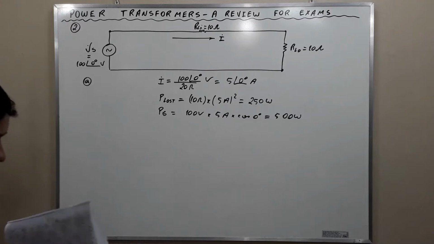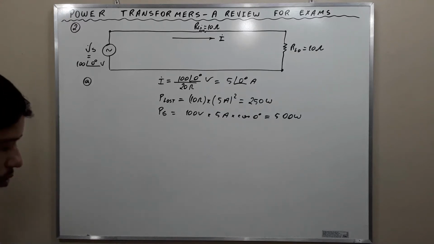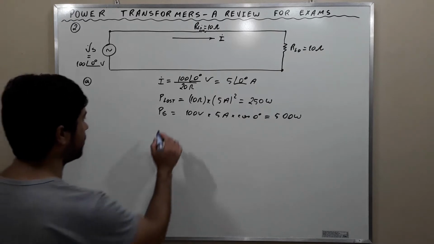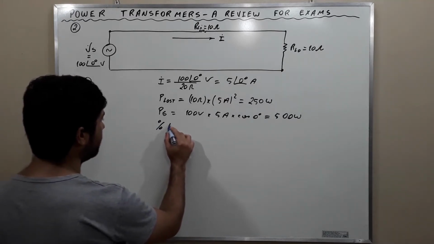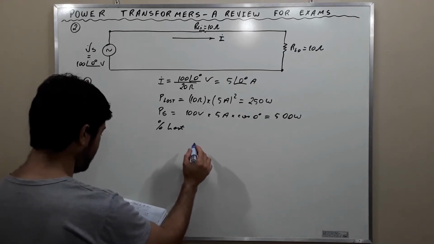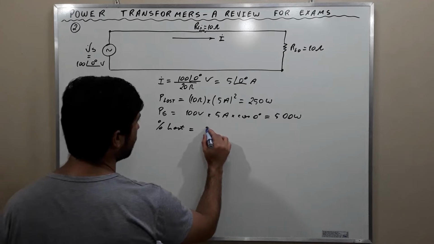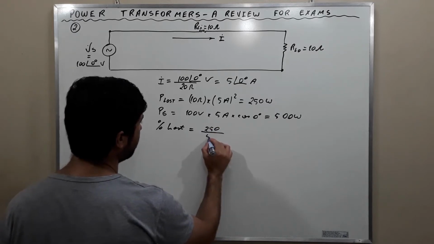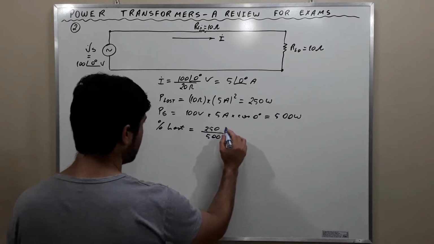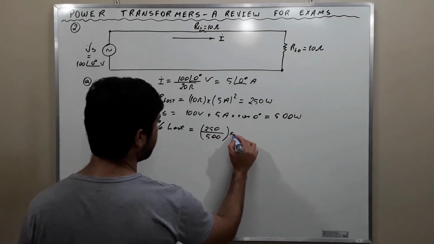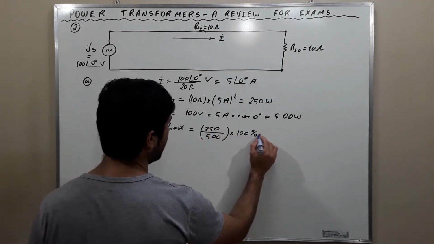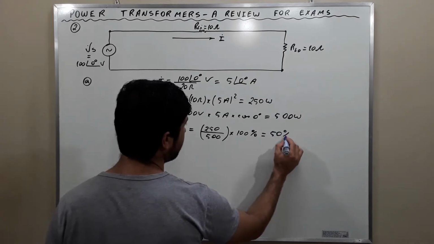Alright? With these values, we can calculate the percentage of power lost in transmission. The percentage of power lost in transmission is equal to 250 divided by 500 times 100. And this is 50%. Okay?